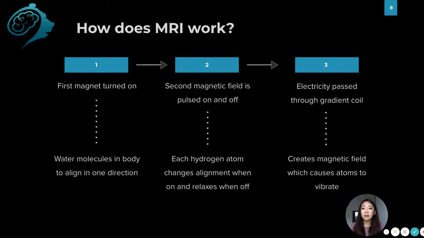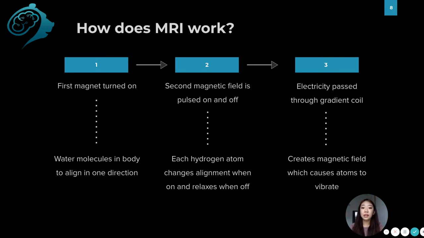And then a second magnetic field is pulsed on and off, which causes each hydrogen atom to change alignment when the second magnetic field is on, and then relax when off. When I say change alignment and then relax, if you think about it like a straight line, the magnetic field is going to cause it to go a certain direction, and then when it relaxes, it's going to go in a circle and relax back to its ground state.